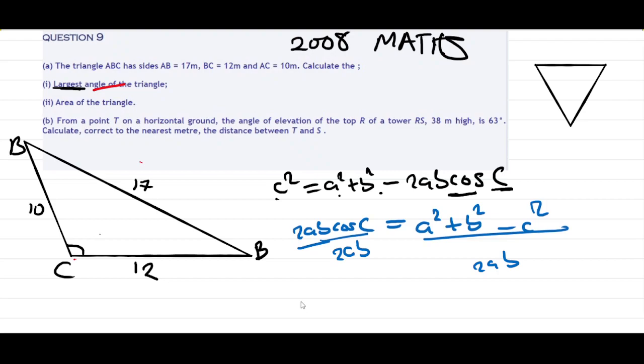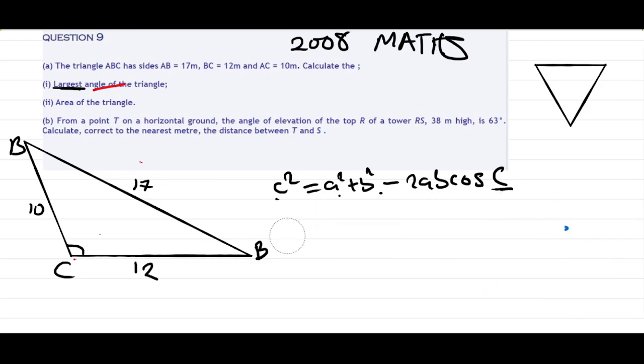then we should be having that cos c is... Okay, sorry about that.